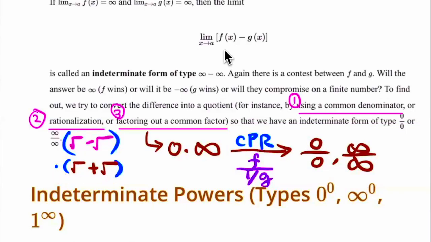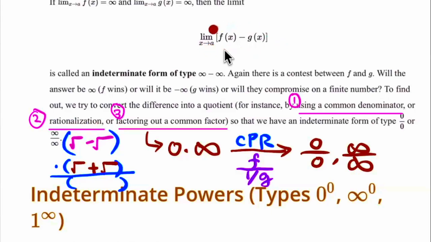So multiply by the conjugate, but when you multiply, you also divide by it. You rationalize it by multiplying the conjugate of this up and down. Then you're able to convert that.